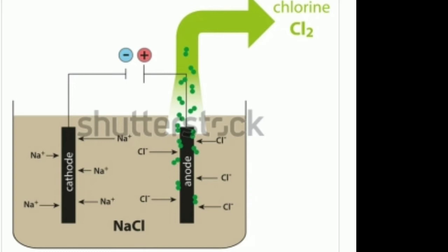The electrolytic cell includes the electrolytic container and the rods called anode and cathode, which are dipped inside the solution. The rods may be made of metals, carbon, graphite, or some other wires.